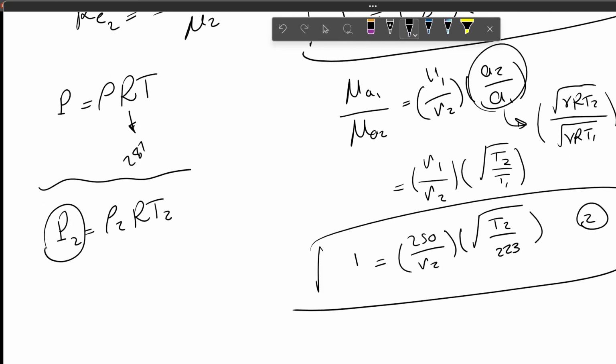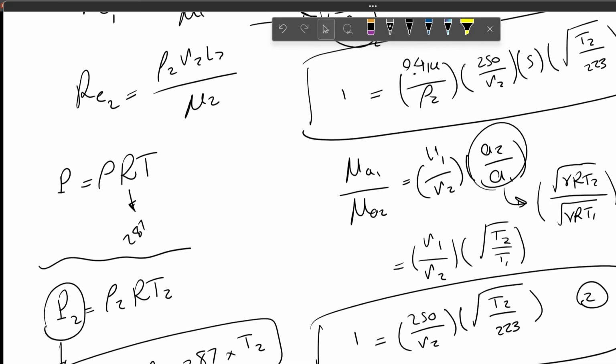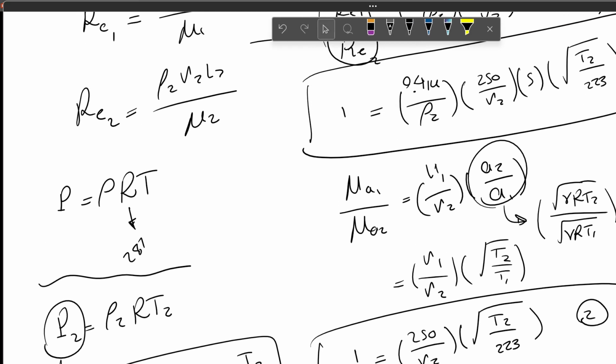What is the value of P? 1 atmosphere, and the units have to be in Pascals, so 1.1 times 10 to the power 5 equals rho 2 multiplied by 287 multiplied by T2. So this is your third equation. We have 3 unknowns and 3 equations, which means we can find the 3 unknowns.